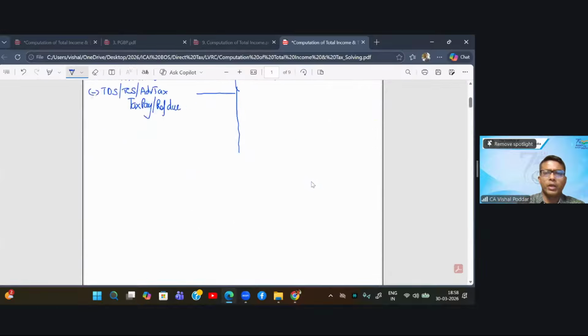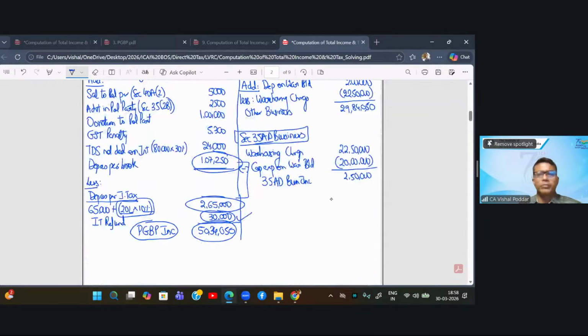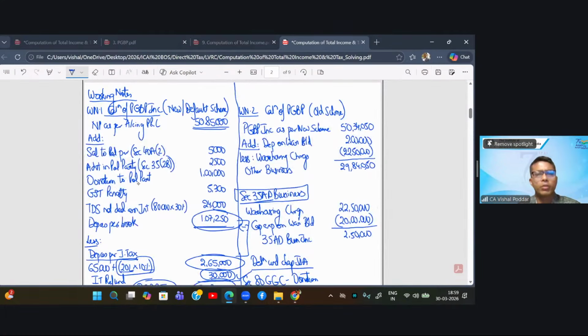Now, under the old regime, I'm also eligible for deduction under chapter 6A. Now, what is my deduction? It is under section 80 GGC, which is donation to political party. Now, if you remember here, I had disallowed this donation because it is not a business expense. So it has to be disallowed from the business head.